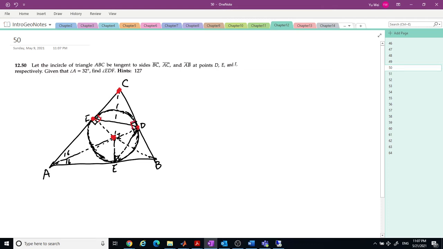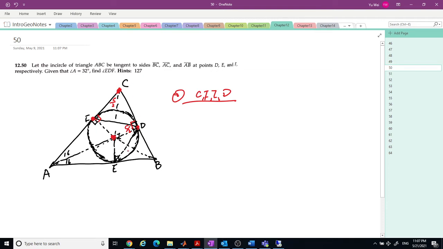So the opposite angles add up to 180 degrees. That's why CFID is a cyclic quadrilateral, right? So this angle is half of C, and this one is also half of C because they are both spanned by the arc FI, okay?